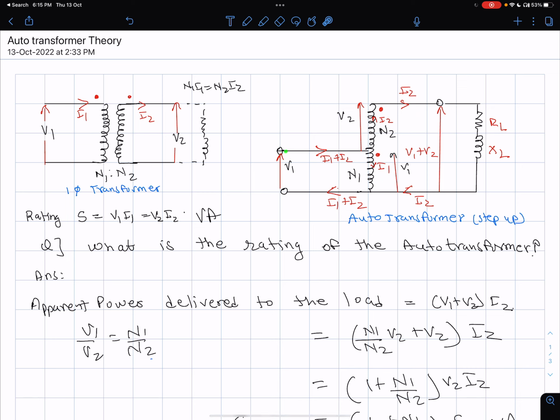Now there is a source connected here. How much current is the source going to push in? You apply the KCL at this point. I2 going up, I1 going down. The sum which is coming here is I1 plus I2.